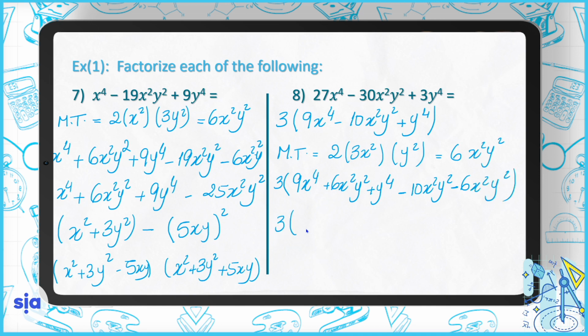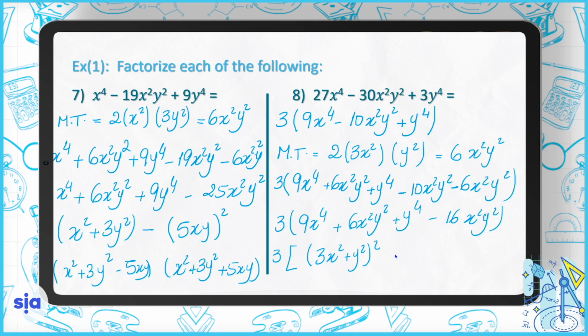So here's the 3: it's 9x power 4 plus 6x squared y squared plus y power 4 minus 16x squared y squared. We can see that this is a perfect square trinomial, (3x squared plus y squared) all squared, minus the other one, (4xy) all squared.